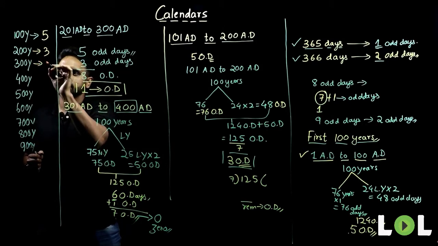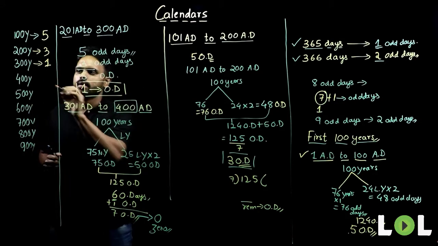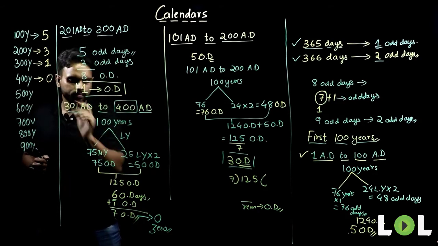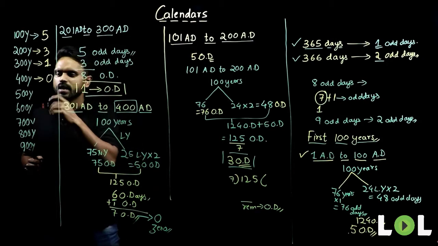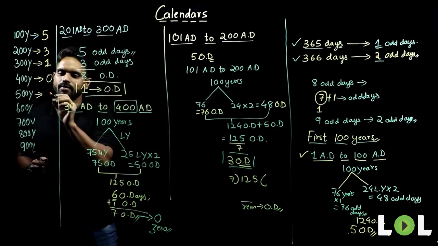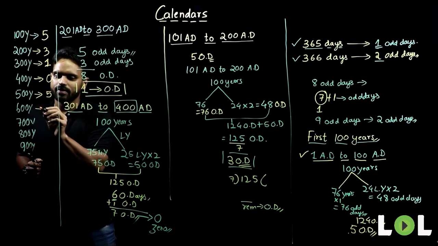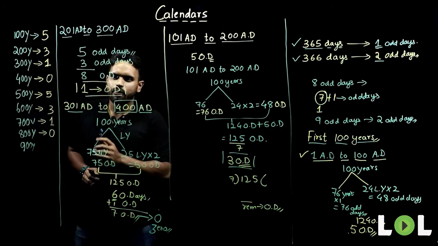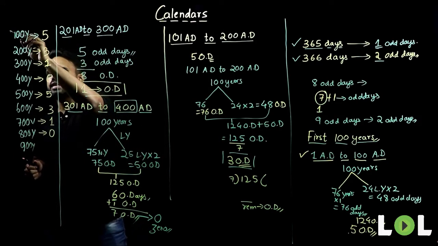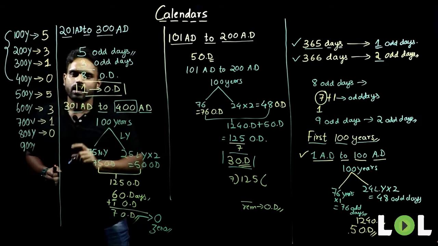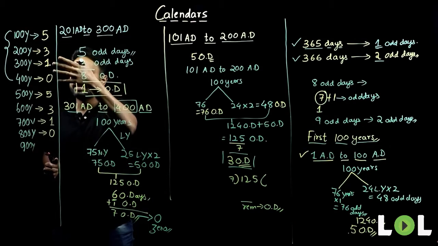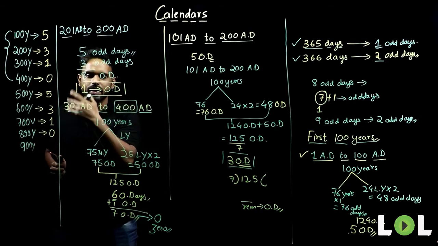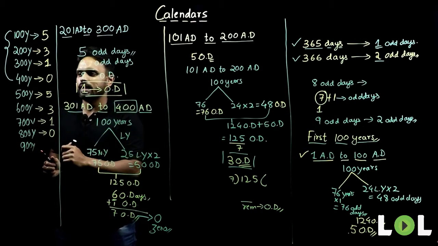300 years, 1. 400 years, 0 odd days. Again, 500 years, how many will I have? Yes, it is 5, 3, 1 and 0. So if you observe here, we have a cyclicity of 4. 5310 repeats every 4 centuries.